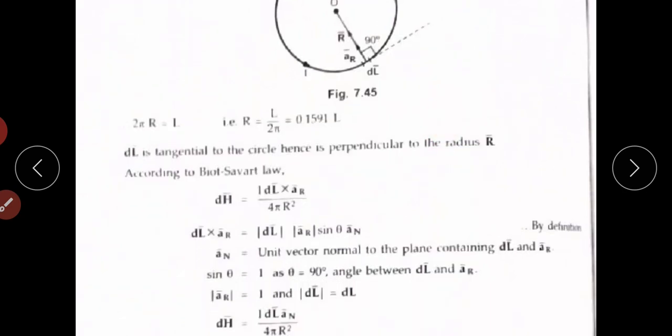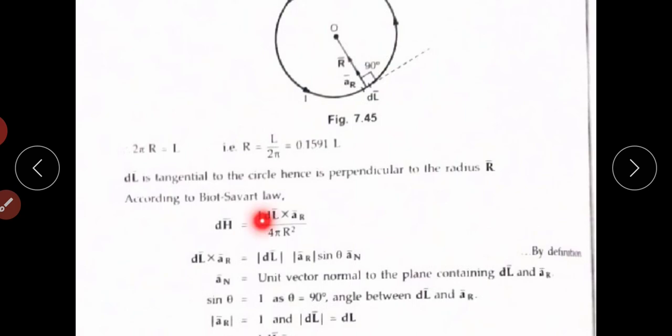According to Biot-Savart's law, the differential magnetic field intensity dH bar equals I dl bar cross aR bar by 4 pi r square, or I dl bar cross r bar by 4 pi r cube, where a R bar equals r bar by modulus of r bar.